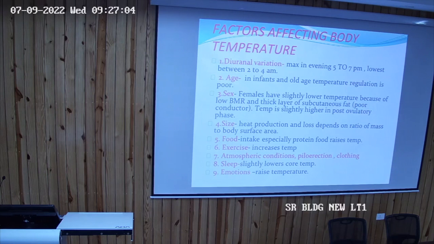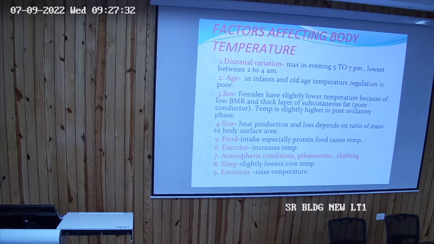During a 24-hour cycle, there is variation in the temperature of the body. Now, this variation depends on the profession also. In the case of professionals working during the day, in the evening the temperature will be more because of the physical activity.